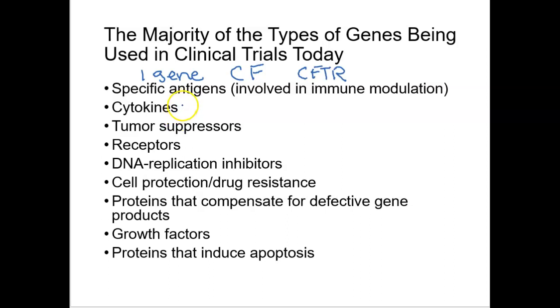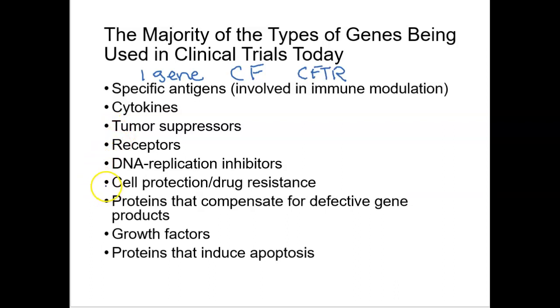So what are common genes of interest? So specific antigens, this is listed for immune modulation. So this might be trying to treat, say, rheumatoid arthritis, or trying to regulate the immune system. Regulating the cell cycle. Regulating sensitivity to drugs.